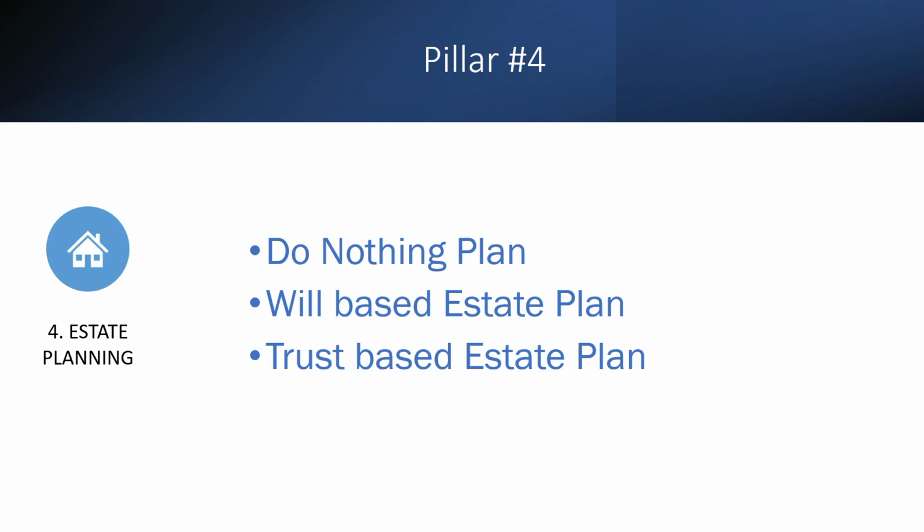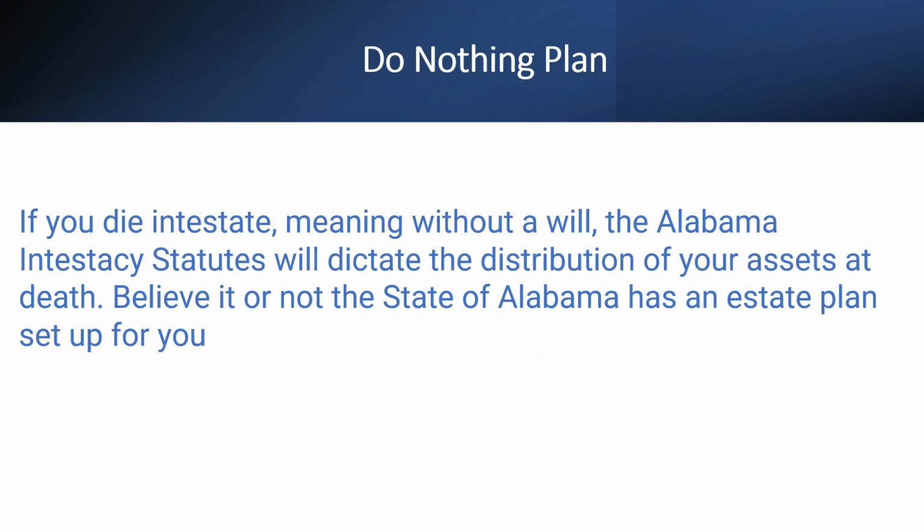Last week, we discussed the 3 main types of estate planning that we see here in the office: the DoNothing Plan, which is you don't do any kind of planning, the will-based estate plan, and the trust-based estate plan. We dug into the first 2, and just to rehash that really quick, with the DoNothing Plan, you die intestate, meaning without a will, and in Alabama, the state has a plan set up for you.